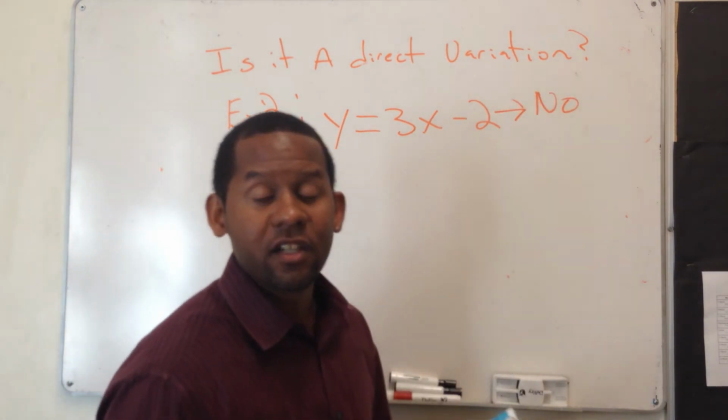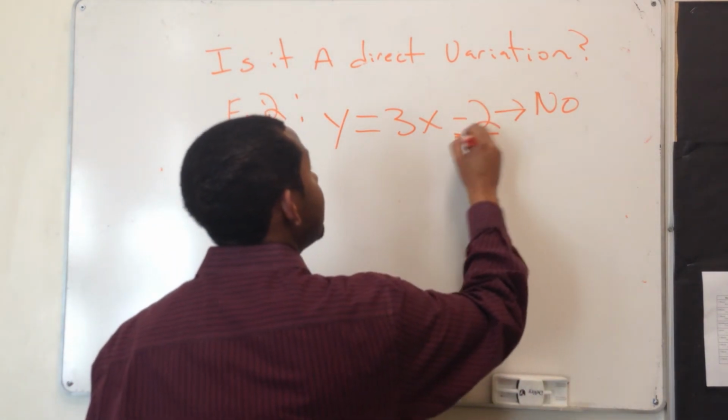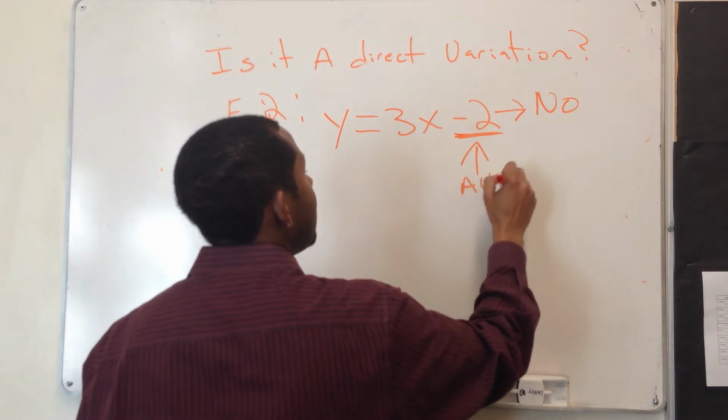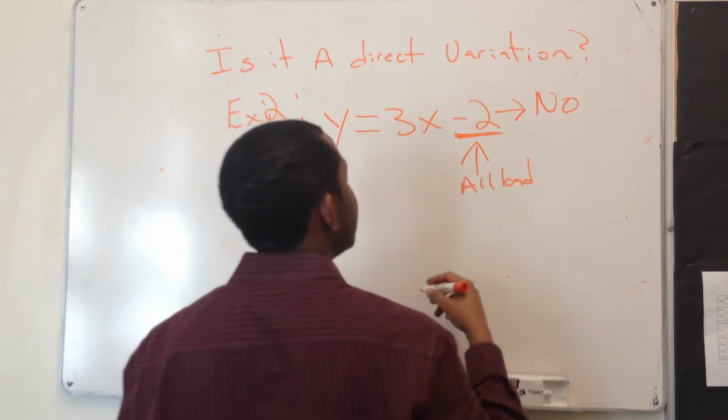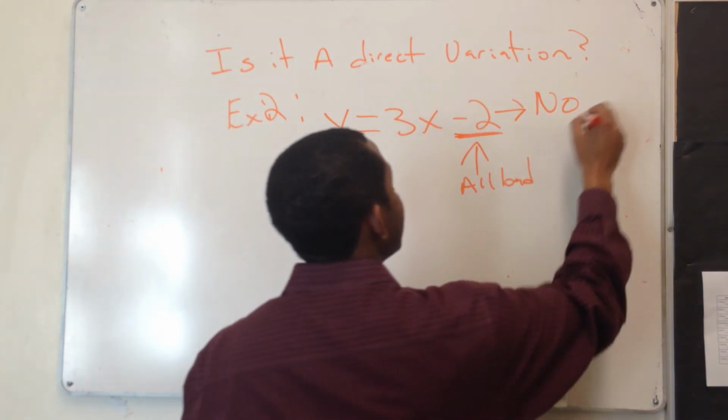This is not a direct variation. Reason being, minus 2, all bad. I can't have this minus 2.